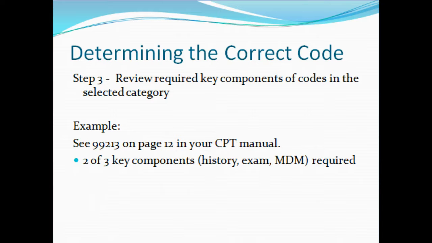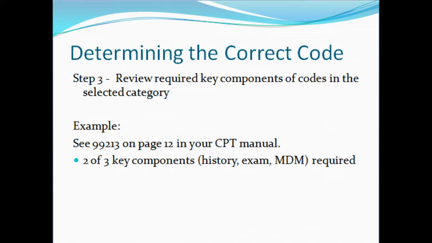And then you want to determine or review the required key components of the code in that selected category. For example, take a look at 99213 on page 12 in your CPT manual. As you can see, this particular code says that 2 out of 3 key components are required.